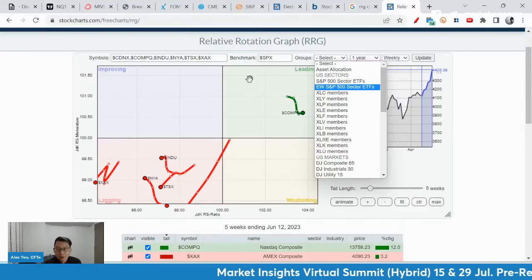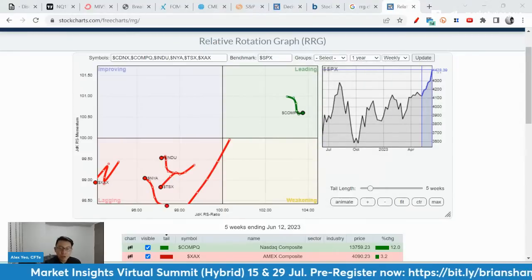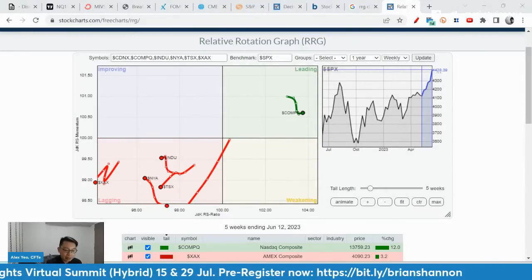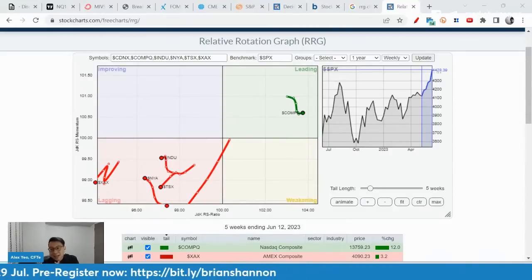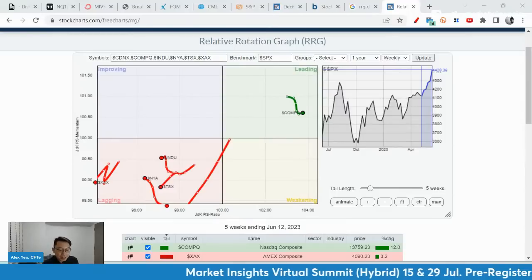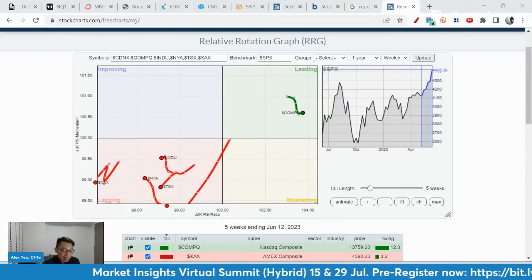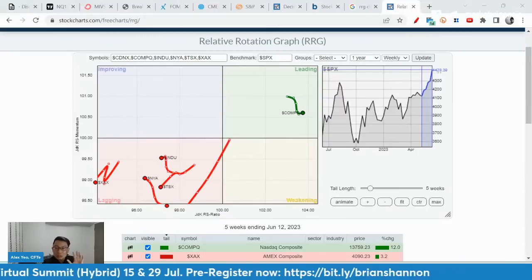I'm sure many of you will type one: XLK. Any other sectors other than XLK? Most of you should type that one. Henry says energy is lagging, XLE is lagging. Health sector, XLV, is lagging.